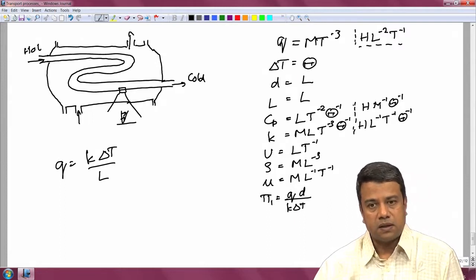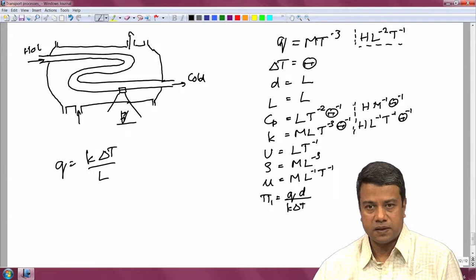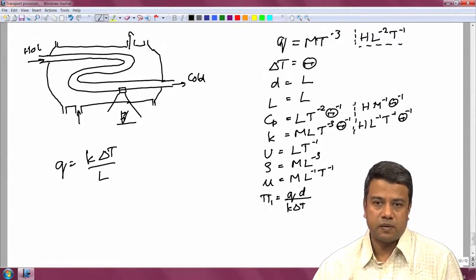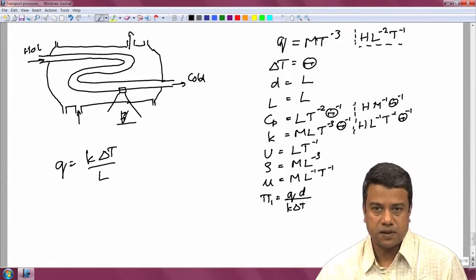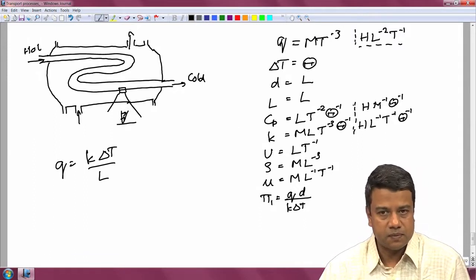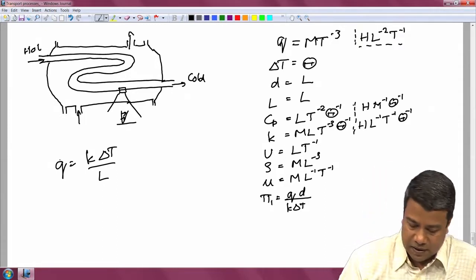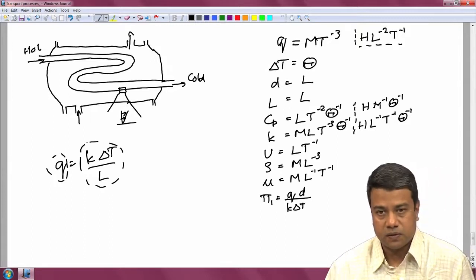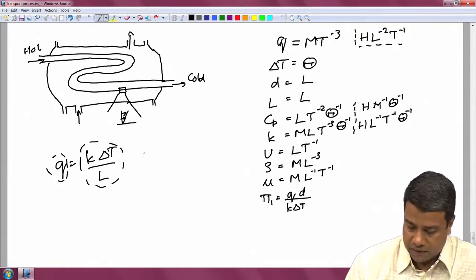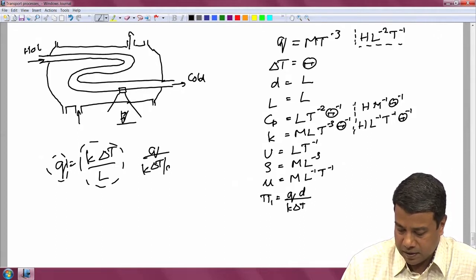It does not apply for the unit as a whole, because convection is a very important part of heat transfer within this unit. However, if I scale the right and left sides of this equation, I do get a dimensionless group. Therefore, Q by K delta T by a length scale has to be dimensionless.